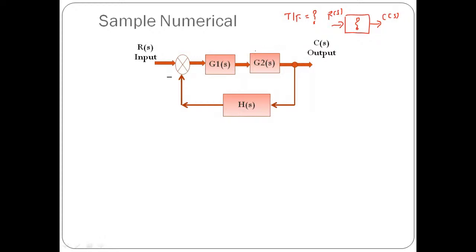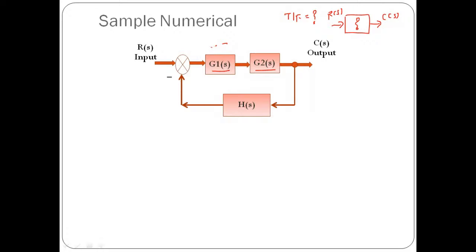Now in this case, if you observe here, the block of gain G1(s) and the block of gain G2(s) are connected in series. Why? Because they are connected back to back and they do not have any summing point or takeoff point in between them.